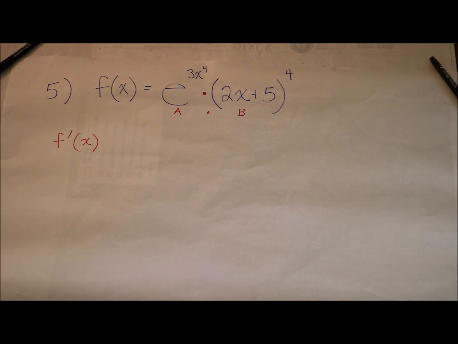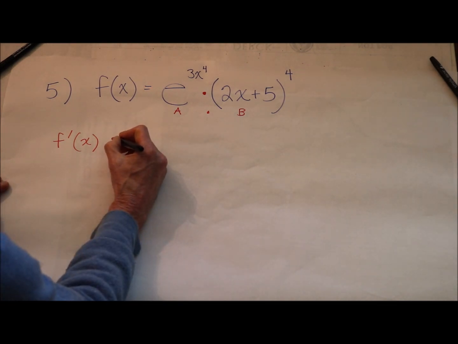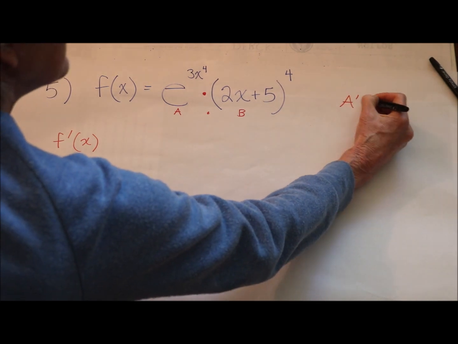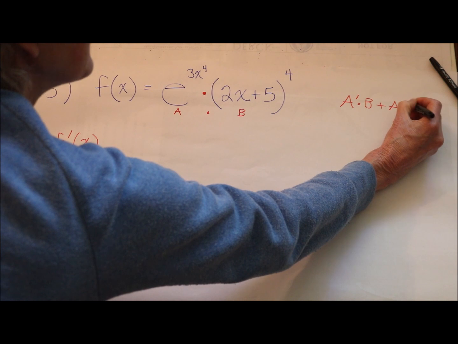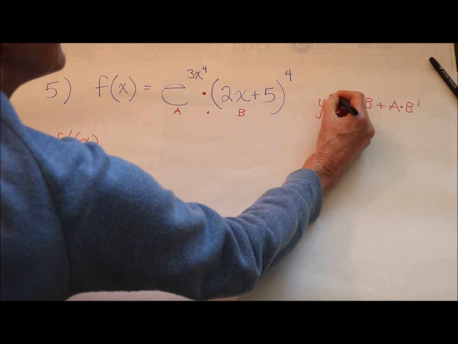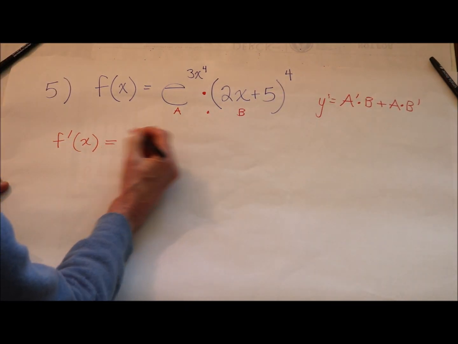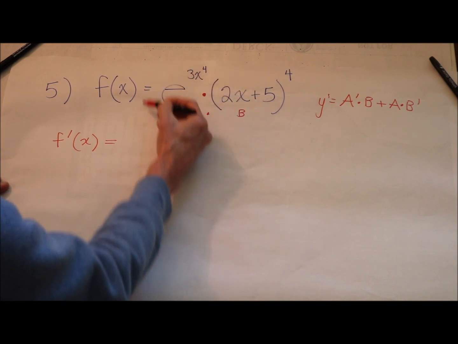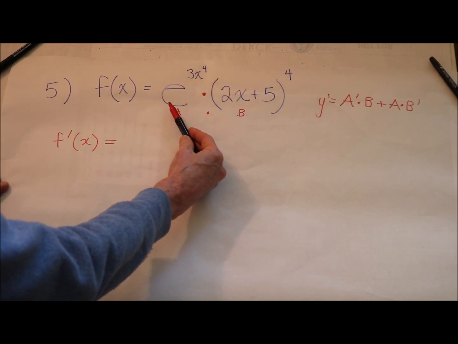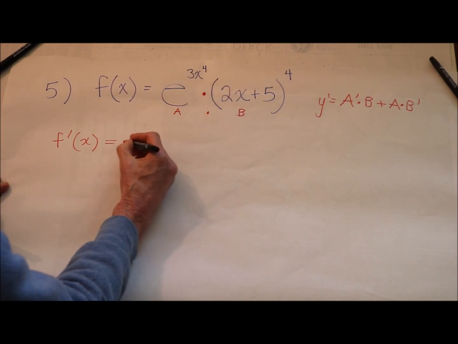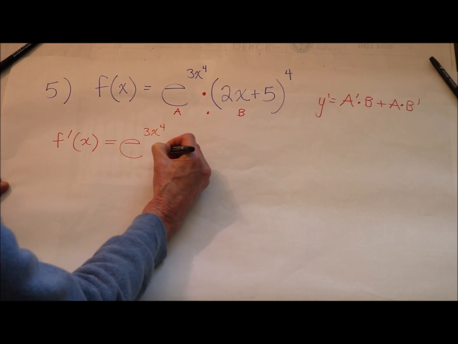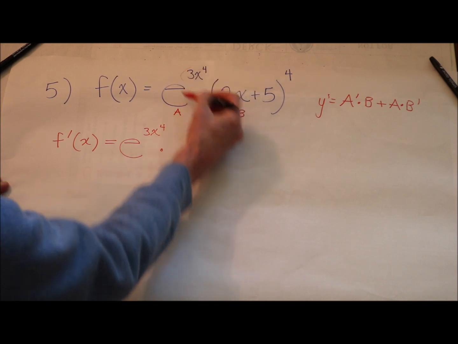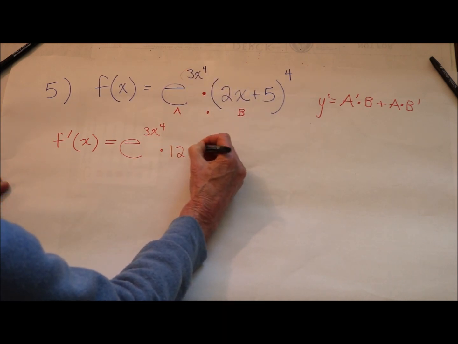So here I go. Product rule, remember, is just going to be A prime times B plus A times B prime. That's going to be my derivative. So A prime is the derivative of this first piece. Well, remember, the derivative of e to something is e to something, chain rule times the derivative of that something, 12x to the 3rd.